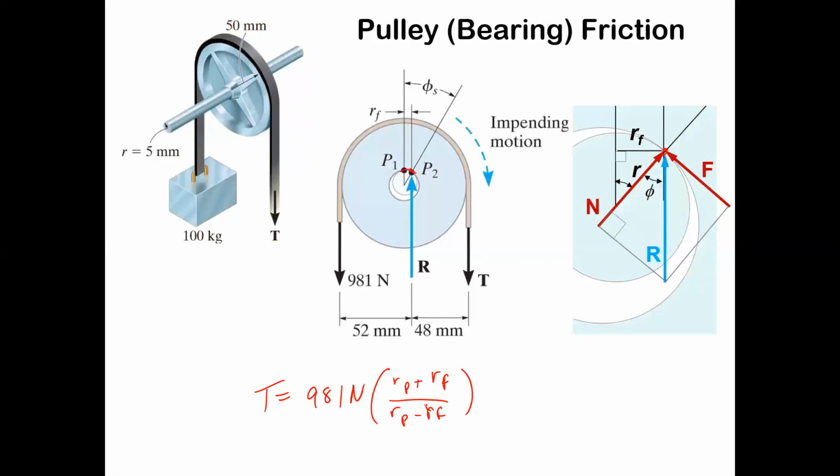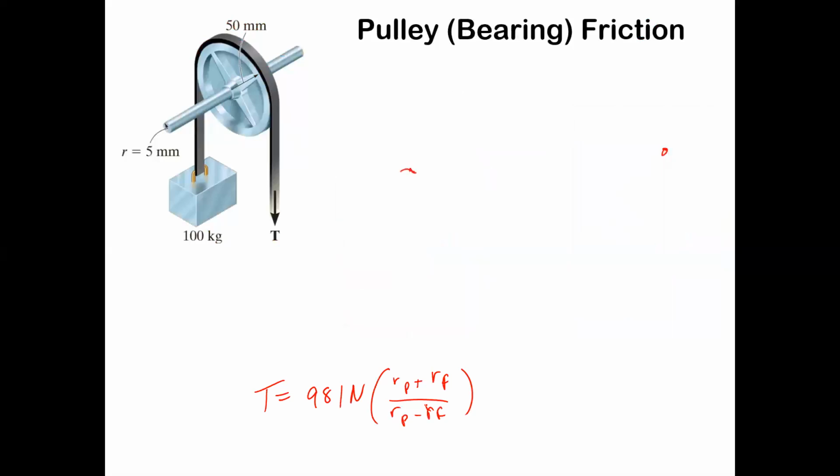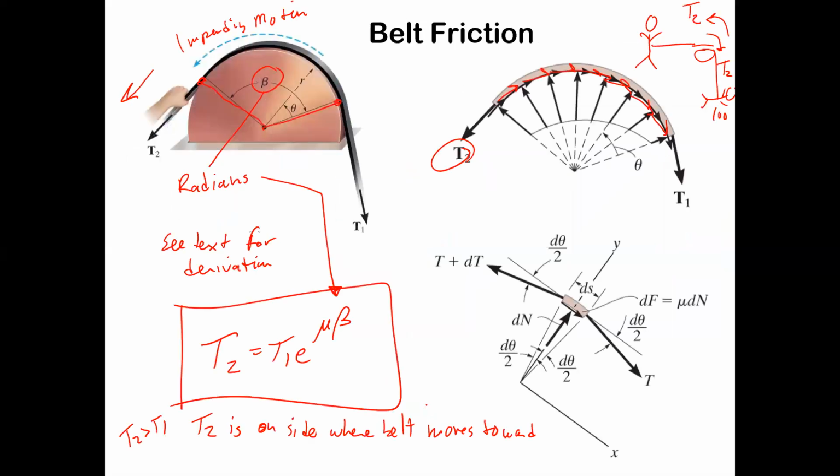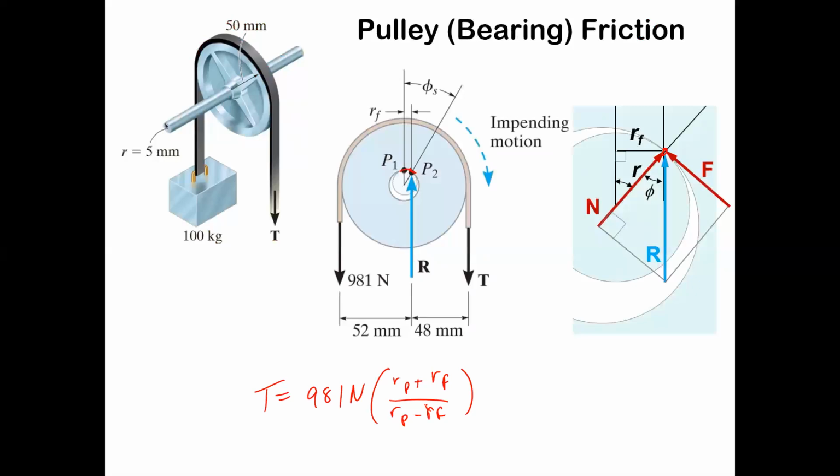There's RF, and there's RP. Anyway, I don't know enough to know. I see an RF, but I don't see an RP. That might be this R here. Maybe it's the radius of the shaft. Anyway.